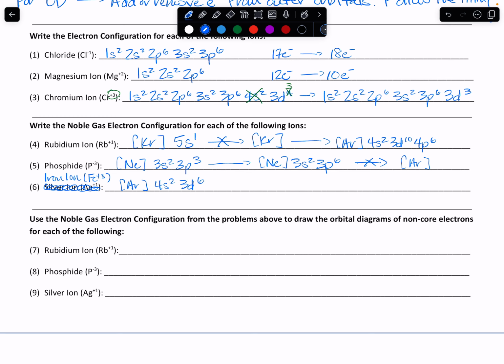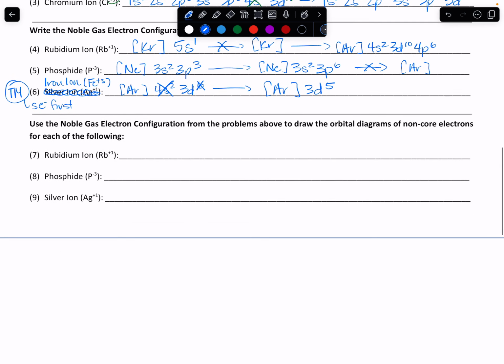So this is neutral iron. It is a transition metal, so that means s electrons first. So we're going to lose these two and then one of these. So I'm going to rewrite that as argon 3d5. So that would be the electron configuration of iron +3.